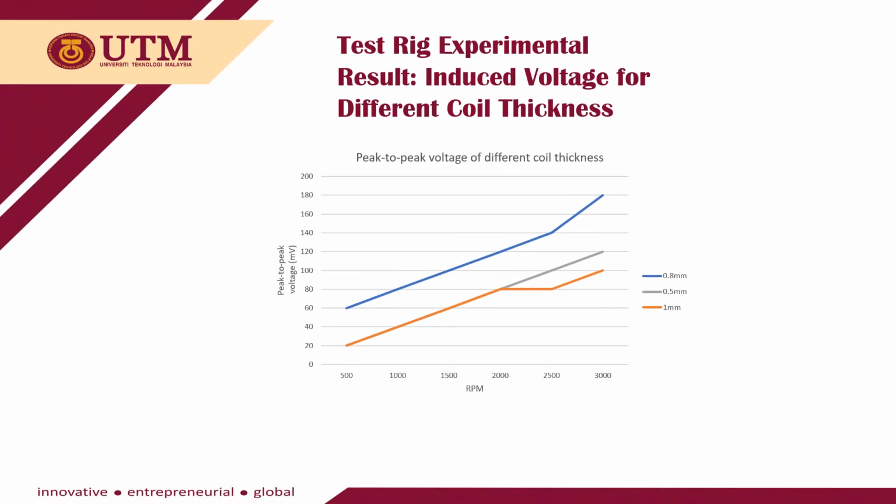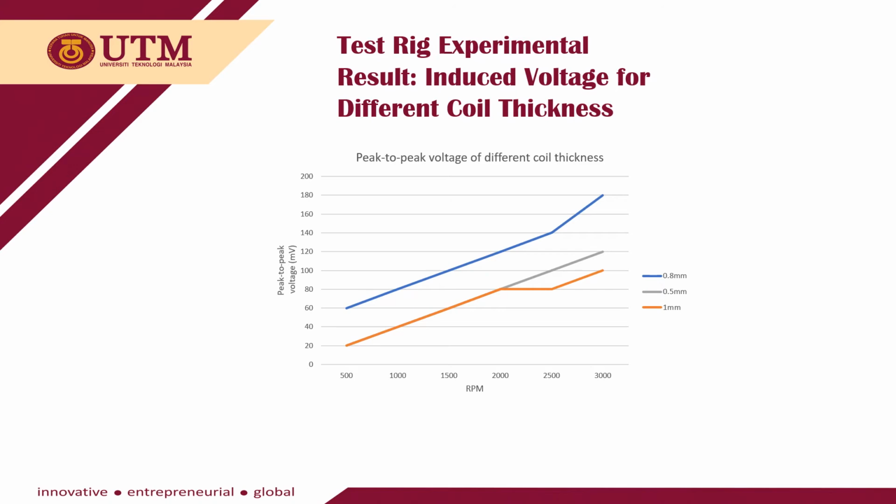The test rig experimental results show the induced voltage for different coil thickness. From this experiment result graph, these 3 different coil thicknesses show the same trend. When the speed increased, the peak-to-peak voltage output also increased. For 0.5 mm coil thickness at 3000 rpm, the peak-to-peak voltage is 120 mV.